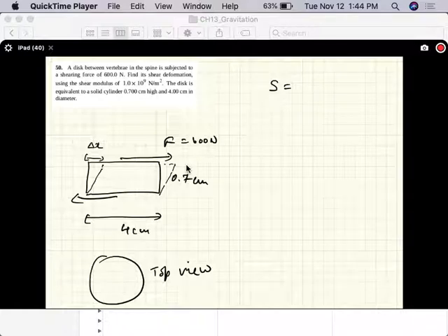So shear modulus is F over area, the stress. So it's this force divided by the area of this face, divided by shear strain, and this is how shear strain is defined. H is the height or thickness of this thing.